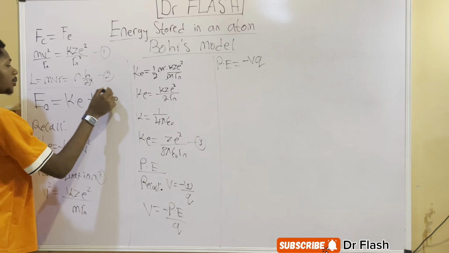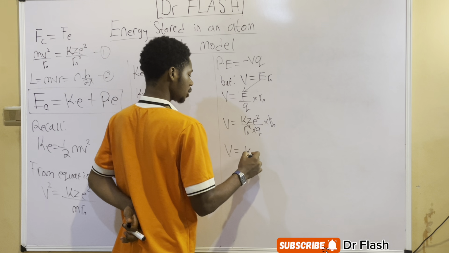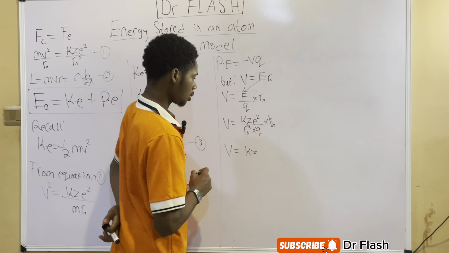So V is equal to force over charge times Rn. Force is kZe squared divided by Rn squared, times the Q at the bottom. So we have Q times Rn. Now Rn cancels one Rn, so we're left with V is equal to K times what else?